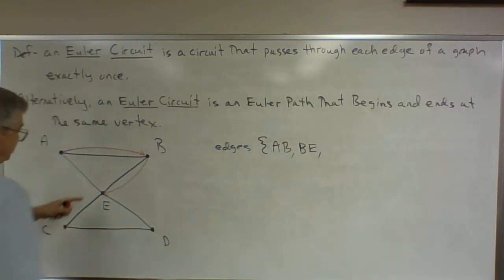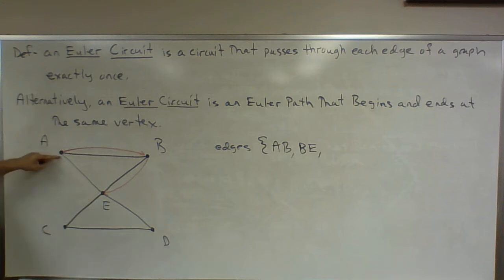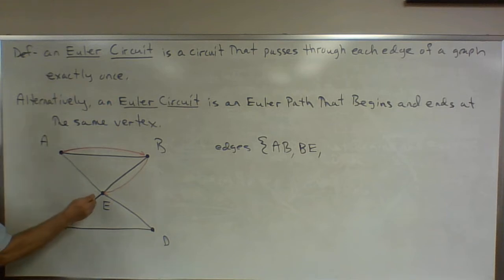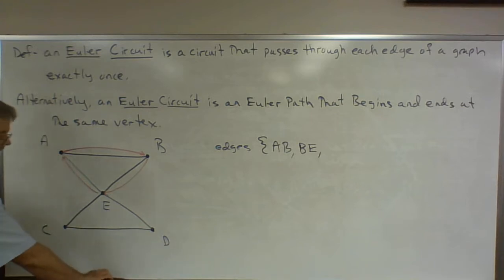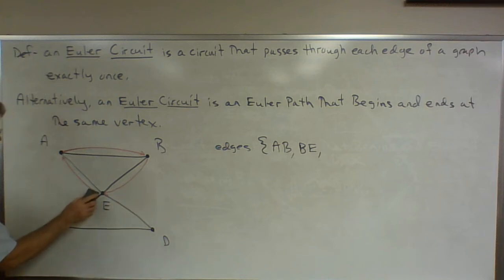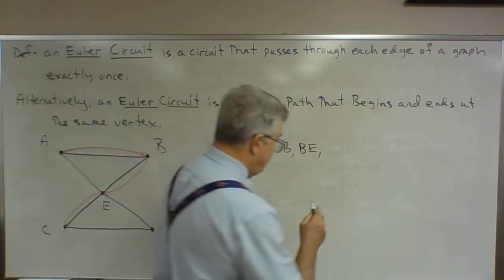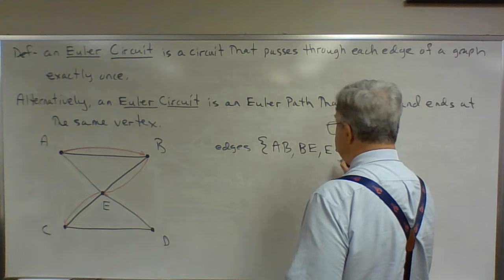My inclination is to go from vertex E back to vertex A. But if I do that, I won't be able to leave vertex A without traveling across an edge that I've already passed through, and I still have all of these edges uncovered. So I can't go to A, which means I have to go to C. That covers edge EC.